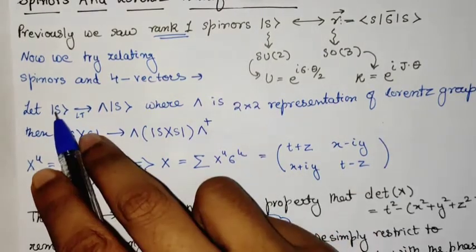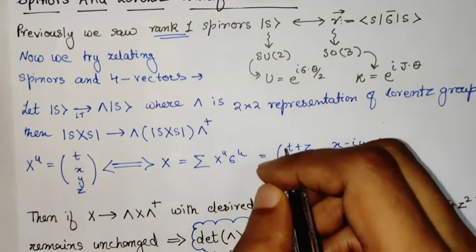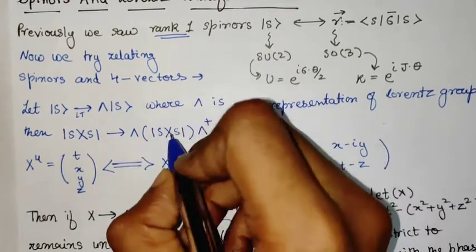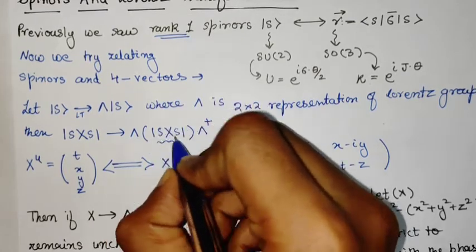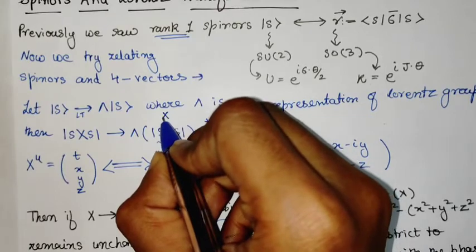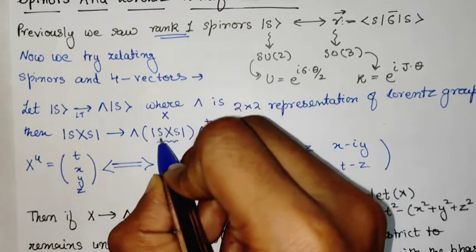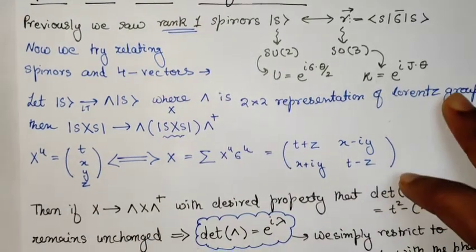Now this particular outer product transforms in this fashion, and in particular we see that this outer product is a Hermitian matrix. So we can ask for a more general transformation where we need not have this outer product but rather any Hermitian matrix. So that's what we will do now.